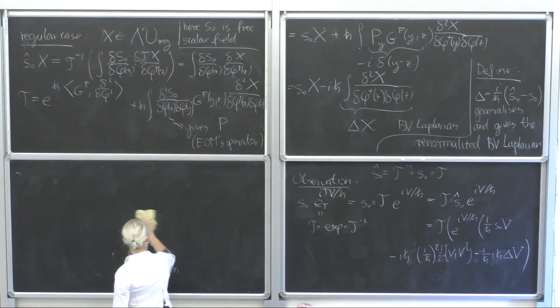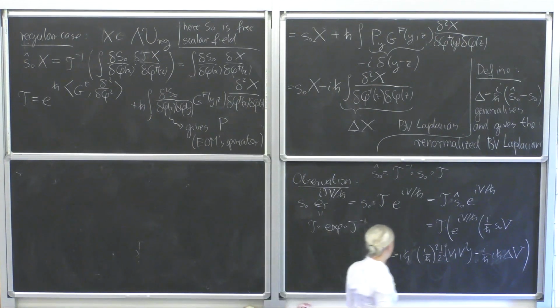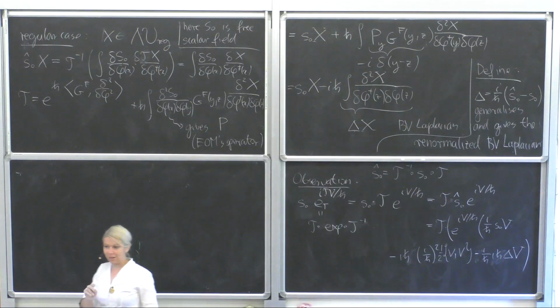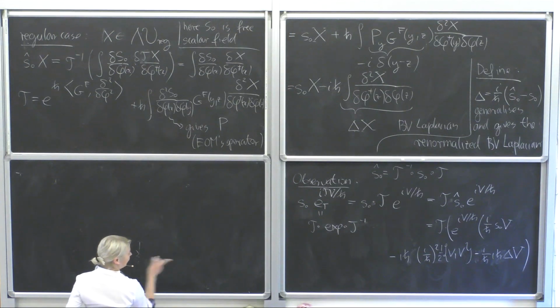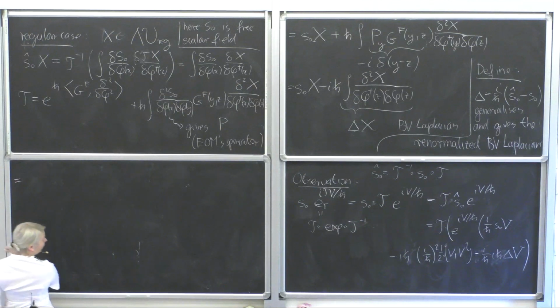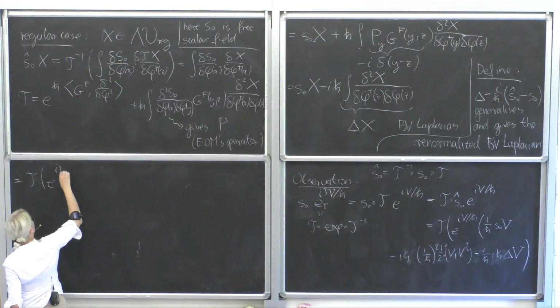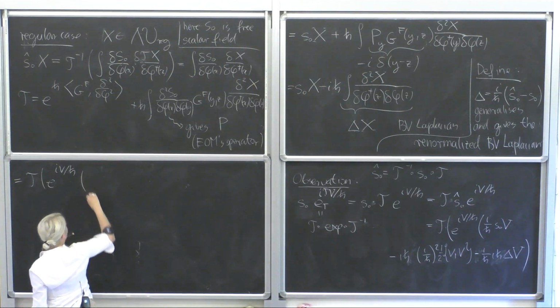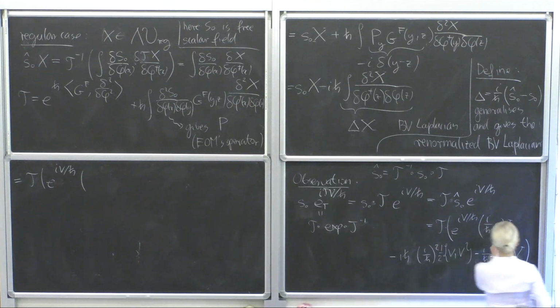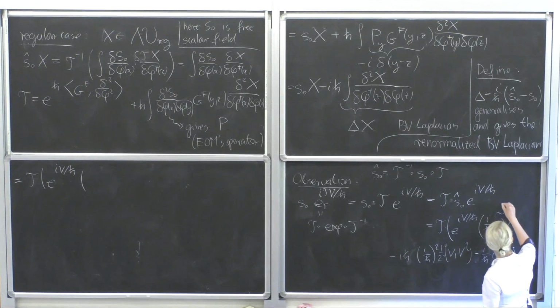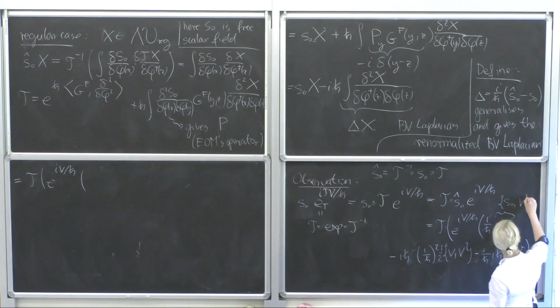So, yeah, let's see. 1 i here. Okay, so this would be plus. This is minus. No, that actually might be correct, or I made an even number of sign mistakes. So what comes out of there is T over h bar times, I'm going to combine S0 V. I'm going to write this as the bracket.